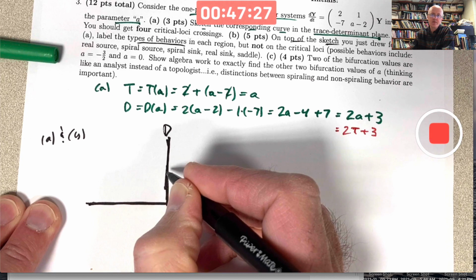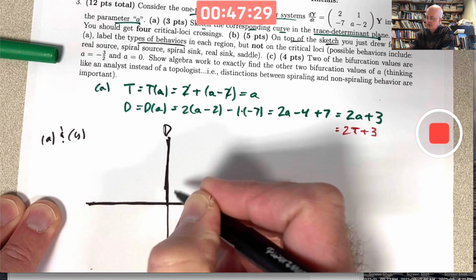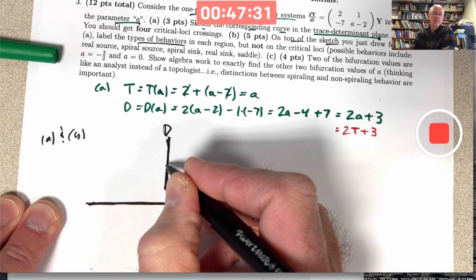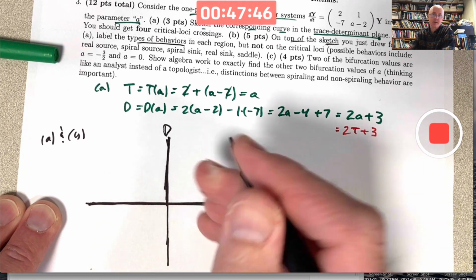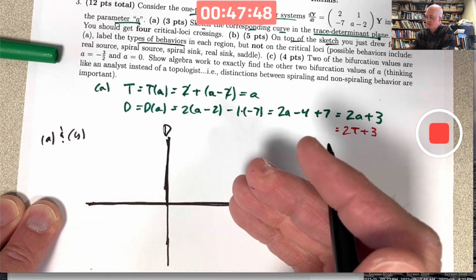When you're on the positive d-axis, and you're not at the origin at least, you have purely imaginary eigenvalues. And what that ends up meaning by Euler's formula is that your solutions have cosines and sines involved, but no exponential growth or decay. And the origin is what's called a center, sort of the boundary between a spiral sink and a spiral source.